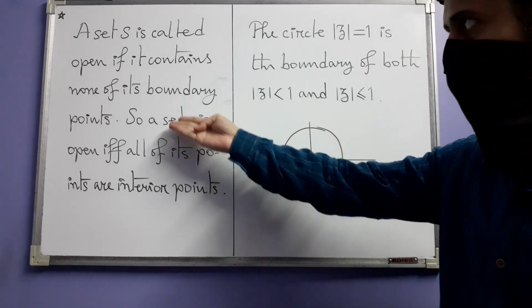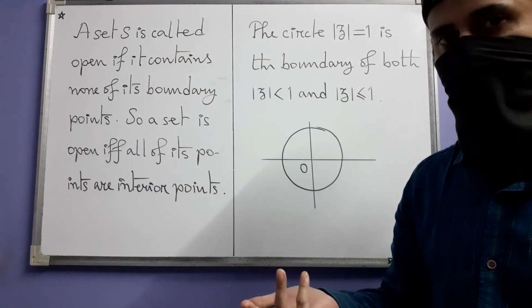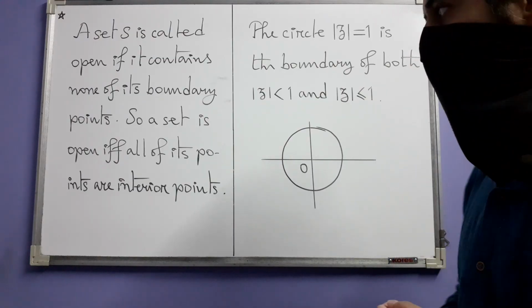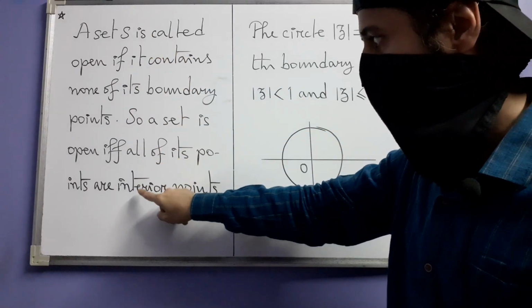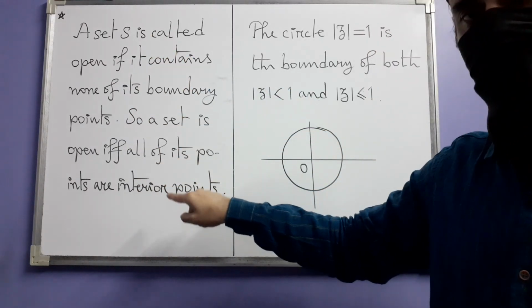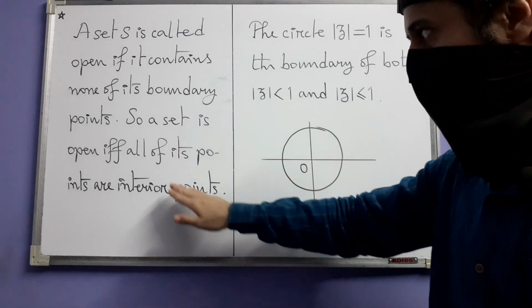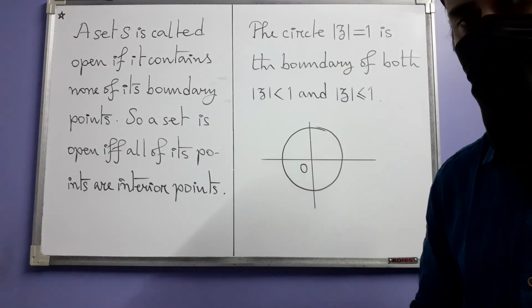But by the definition of openness, it cannot be a boundary point. So you are left with only one option. It has to be an interior point. That is why if the set is open according to this definition, then all the points inside the set are interior points. And I want you to think why the converse is also true. So you do that yourself.